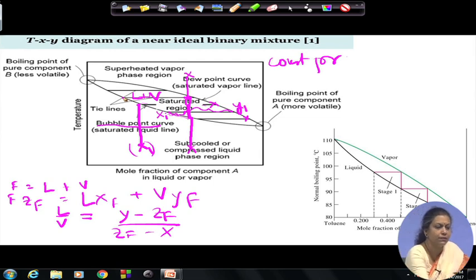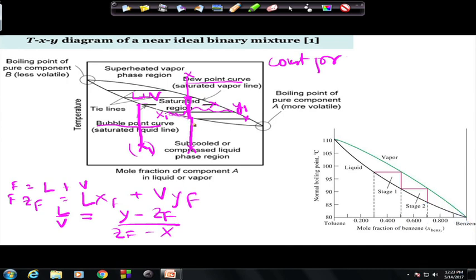So, this particular curve, the saturated vapor curve, is known as the dew point curve, right. And again from here, if I keep on reducing the temperature, I enter into the liquid vapor region, and in this way it continues.